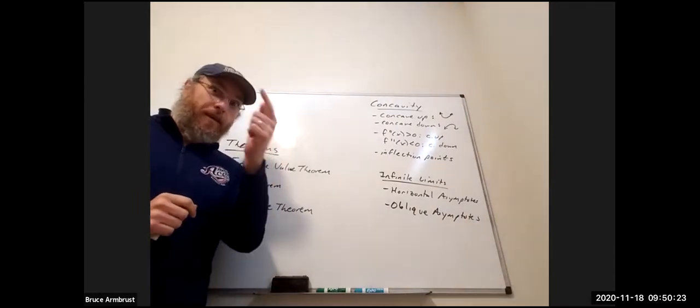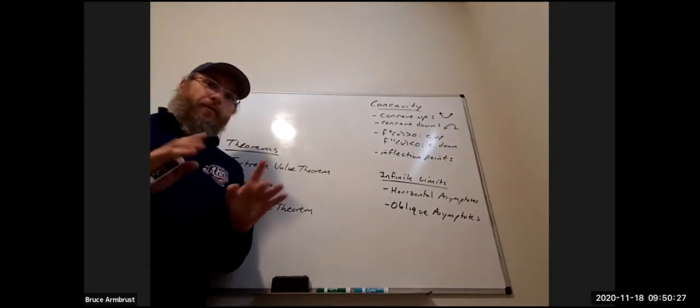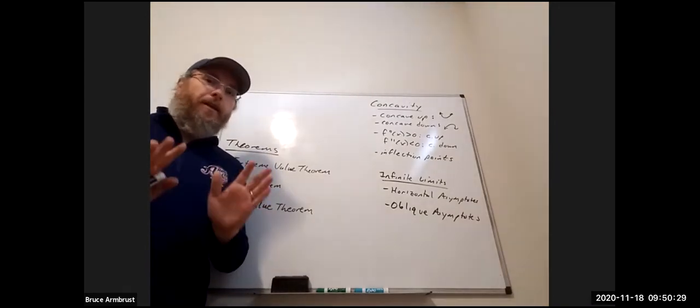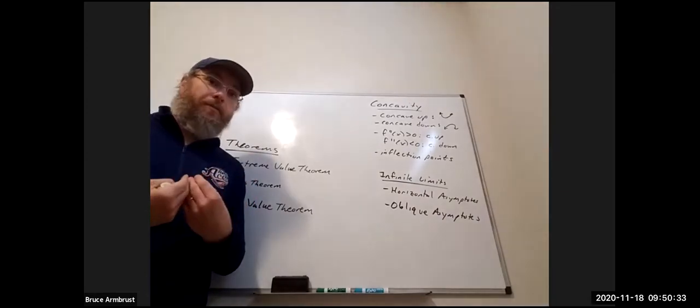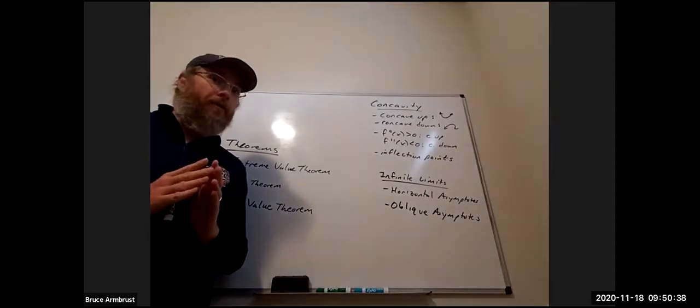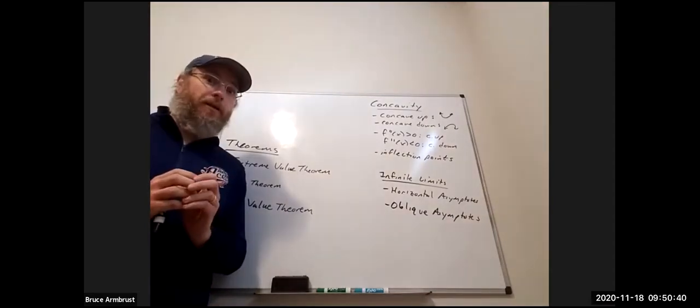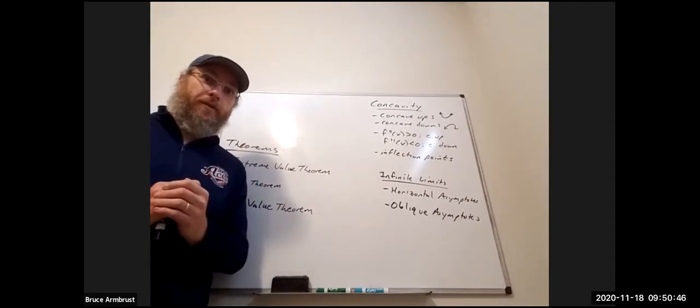Anyone can get on that computer and type in, draw a graph of y equals x squared minus 1 over, right? No, that's nonsense. I don't care about that. I want to see that you know the calculus behind it. Okay, so just be aware. I'm going to be a hard-ass on this one. If your graph does not match what your calculus says, I'm giving you 0 points.